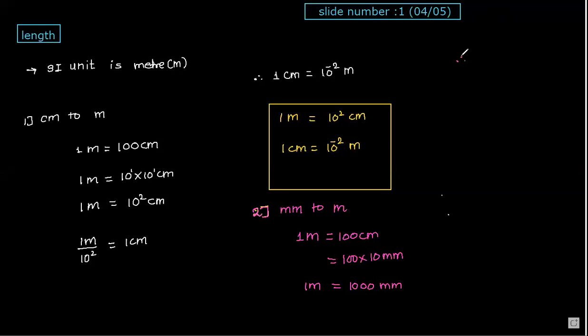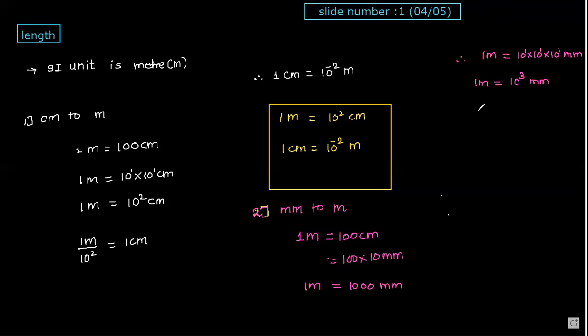And 1000 means how much? 10 into 10 into 10. So 1 meter is equal to 10 power how much? 10 power 3 millimeter.